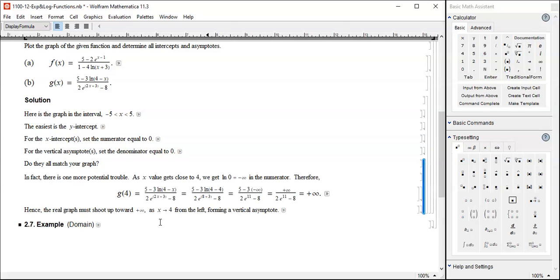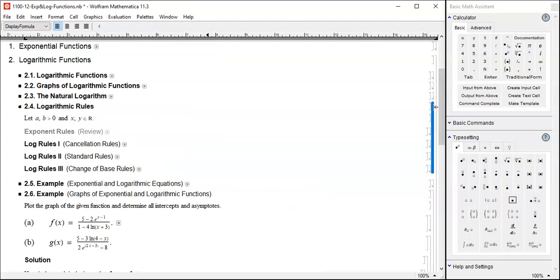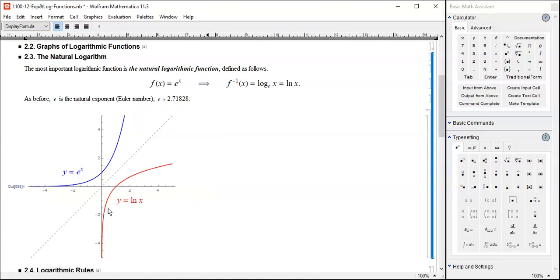In fact, there's one more potential trouble. When x value gets pretty close to 4, you may end up with log of 0 situation again, you see? Log of 0, going down to negative infinity.